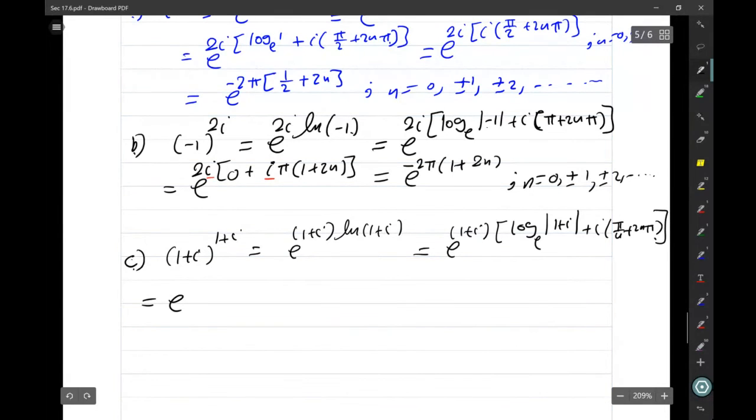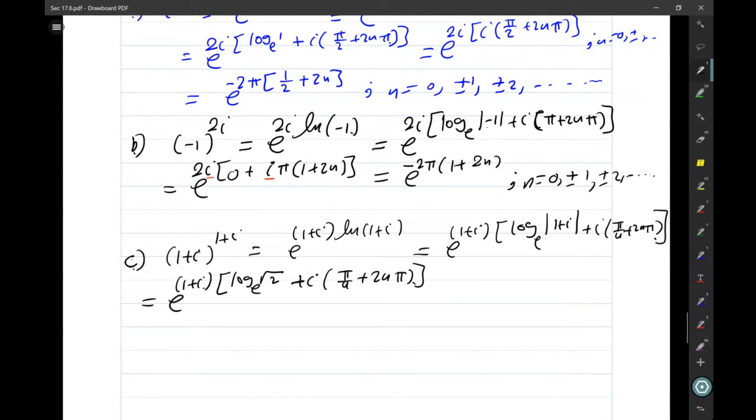And that becomes e to the power 1 plus I times. Now the absolute value of 1 plus I is the square root of 2. So it becomes logarithm of square root of 2 with base e plus I times pi over 4 plus 2n pi.